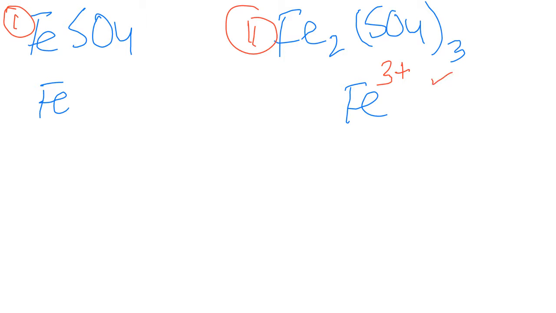What about this one? Plus 2. Yes, because you know that sulfate is always 2 minus, so this should automatically be 2 plus, so the total is equal to 0. I told you, for all ionic compounds the sum of charges will be 0, right? So in this case, this is 2 plus.